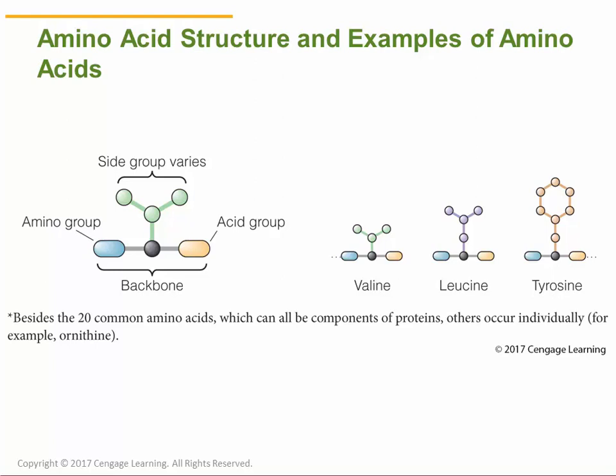Up there, it shows you the amino group, the side group, the acid group. And it shows you over to the side different amino acids and the different structures. I don't care that you know this, but I want you to know that they are all made up of carbon, hydrogen, oxygen, and your nitrogen component. They do have the amino group and the acid group, and how those are configured depends on what specific amino acid it is.